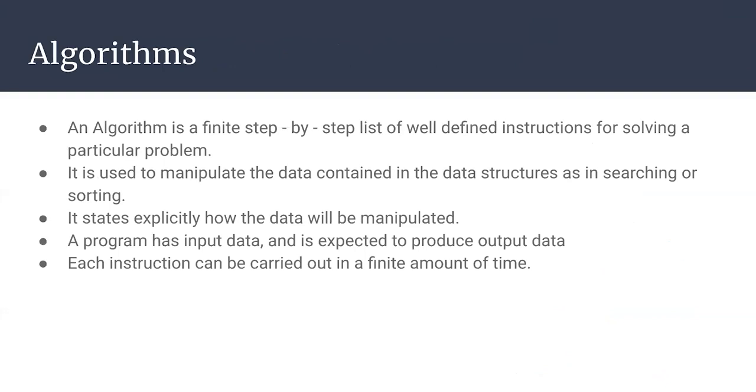So if you're writing code and you have a problem introduced in your exam or something like that, you will write some code to solve that particular problem. If you are asked to find the sum of two numbers, you are given two numbers, and you need to find and return their sum.